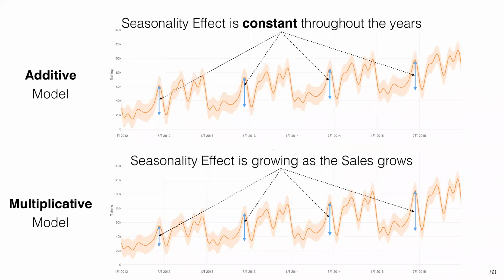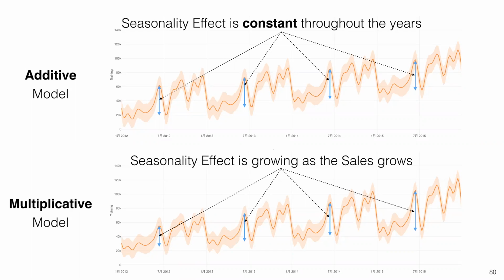Now, the seasonality effect is constant with the additive model. What I mean is, think of the length of this blue. Let's say, for example, in June, yearly seasonality goes up this much, and that repeats every year.